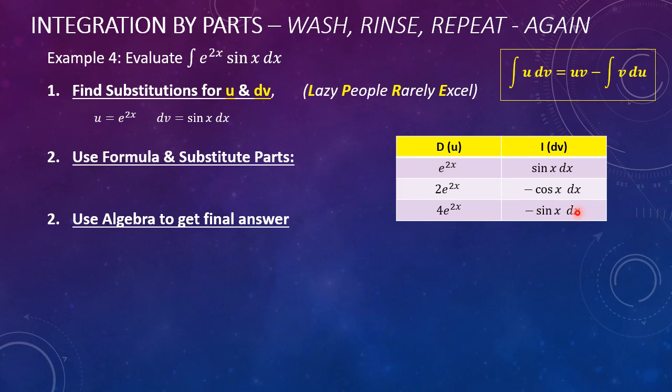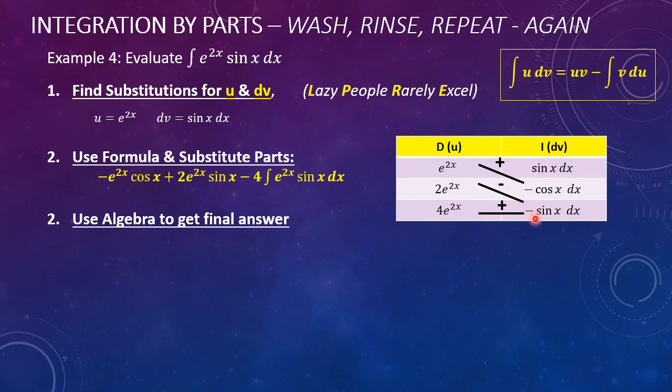So why did I stop there? Well, this is going to go on, but notice what happens when we write this out. We get the first diagonal, negative e to the 2x cosine x, minus the second diagonal, but with a negative sign.